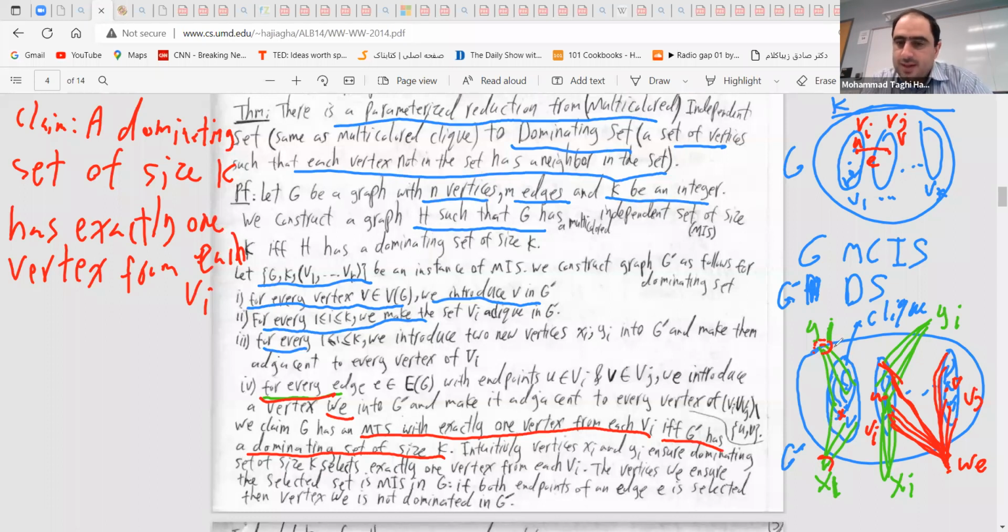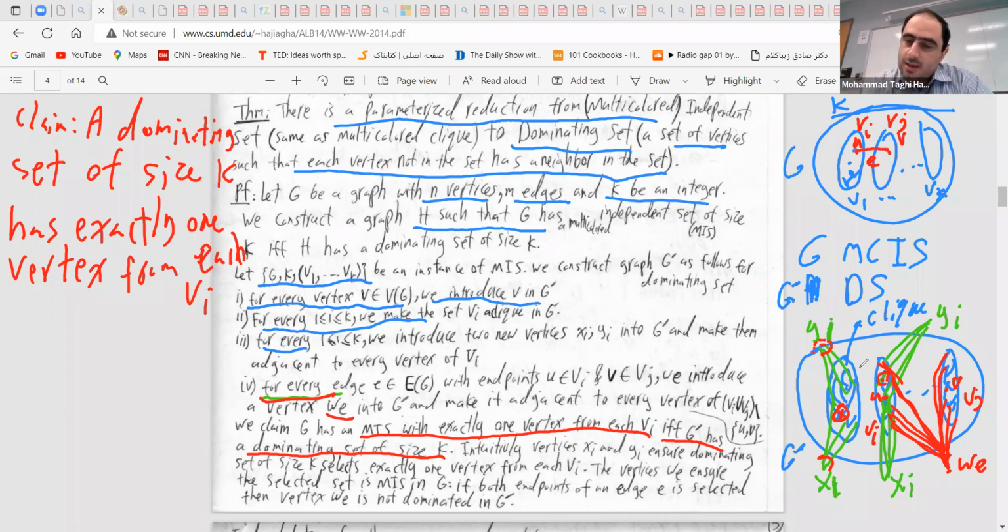So in some sense, that's the main reason that you need to select one vertex from each of these guys, because if you don't select anyone here, then you need to select both xi and yi here, and then for each of these sets you need to do that, so the total budget would be more than K. So the wise thing, if you want to have a budget of K, is that you select exactly one vertex from each of these guys, because of this construction that we have.